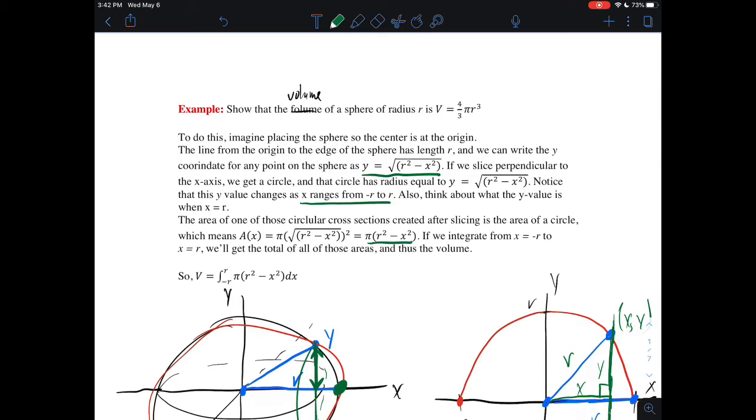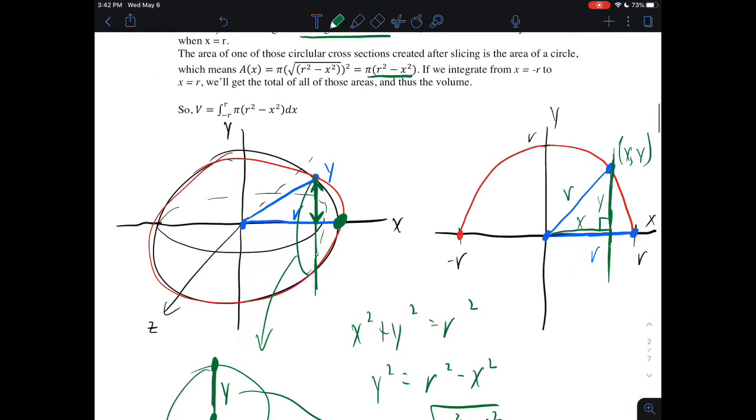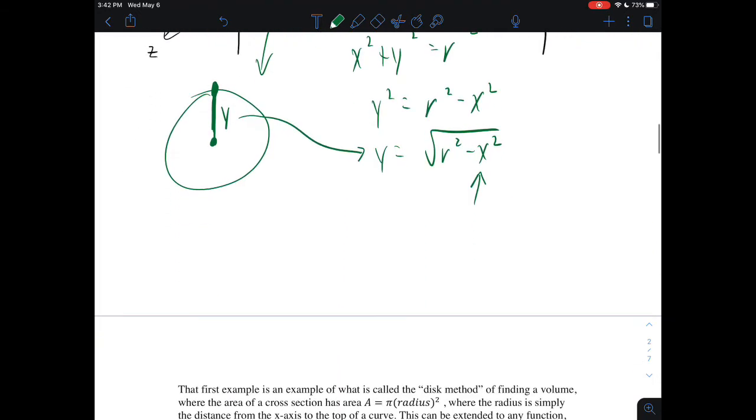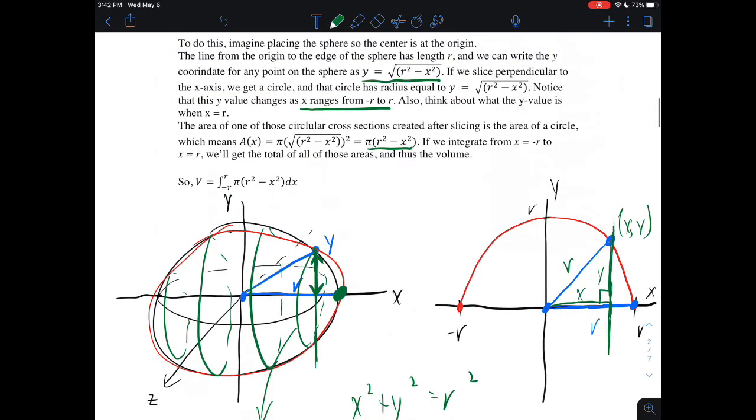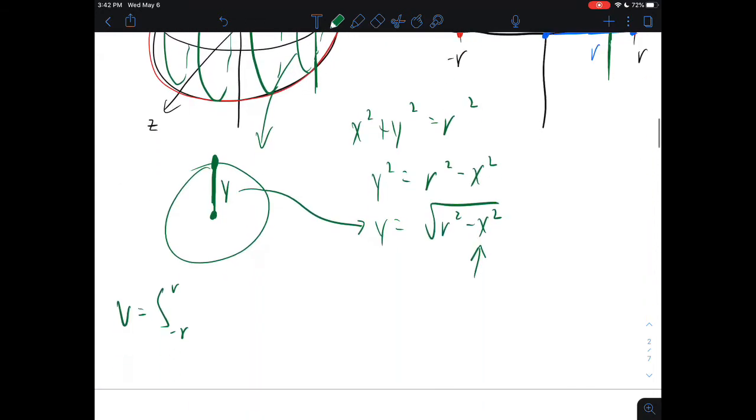If we integrate from x equals negative r to x equals r, we will get the total of all of those areas, meaning we're going to be getting circular cross sections throughout, and then we're just going to be adding them up. So our volume is just the integral from negative r to r of pi times r squared minus x squared dx. So I'm integrating with respect to x.